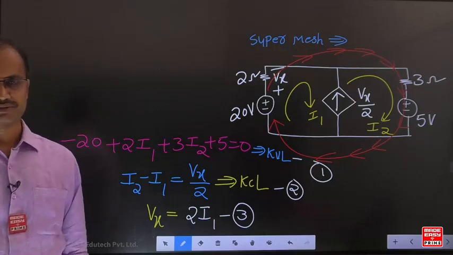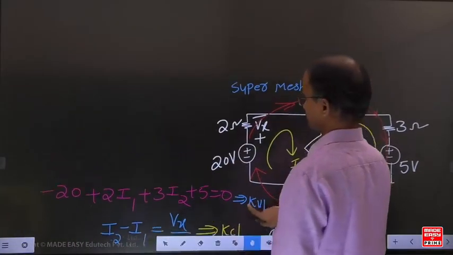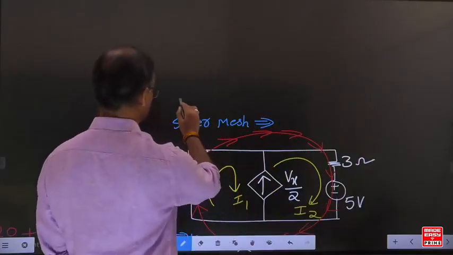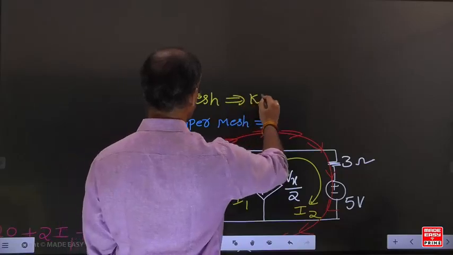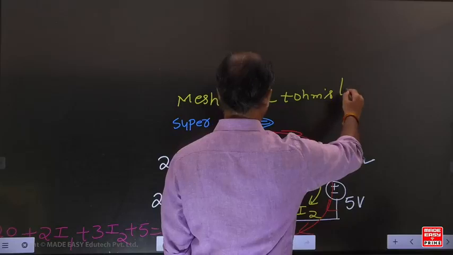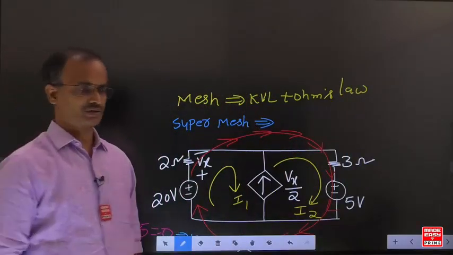We got the 3 equations. Okay. Previously we discussed mesh analysis. In mesh analysis, for developing equations, we use KVL and Ohm's law.